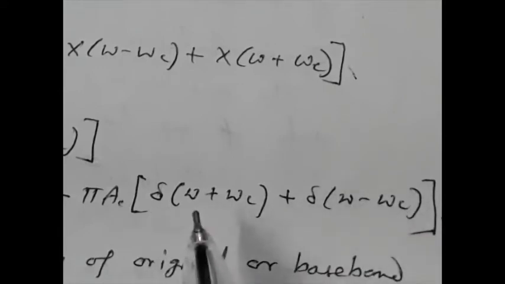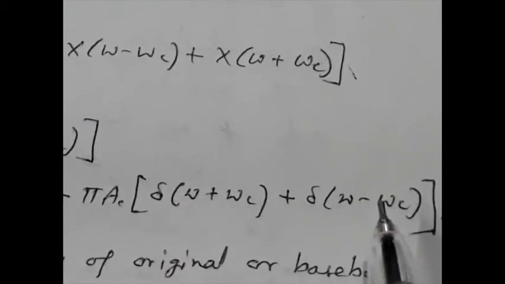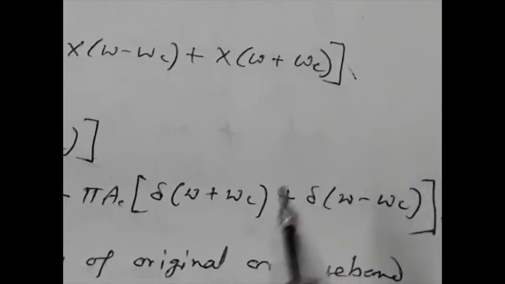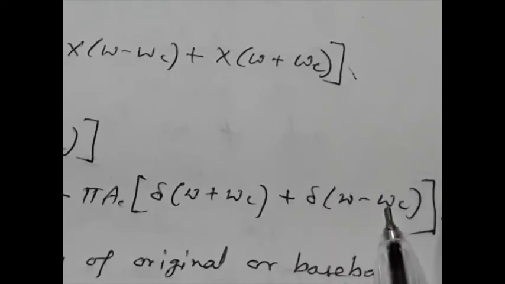So this delta function implies a spike. δ(ω + ωc), δ(ω − ωc) implies that we have two spikes at frequency ωc and minus ωc.